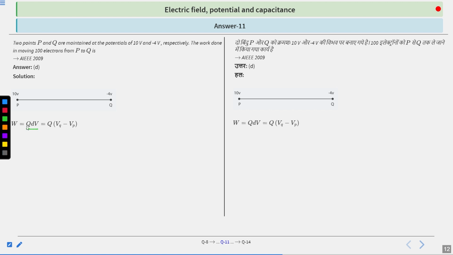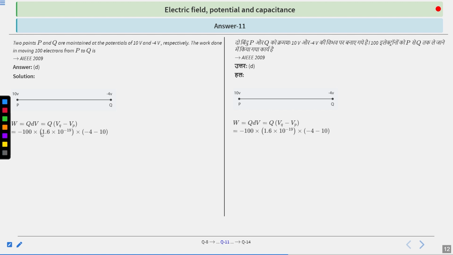So W is equal to Q multiplied by VQ minus VP, where VQ is the potential at point Q and VP is the potential at point P. Clear? Then the potential difference is delta V. So we have to find the charge. Charge is Q equal to plus or minus NE, quantization of charge.